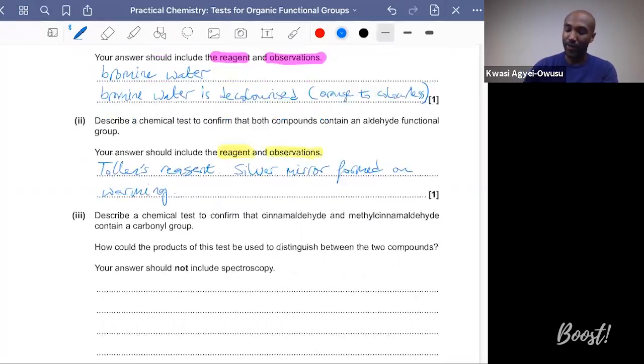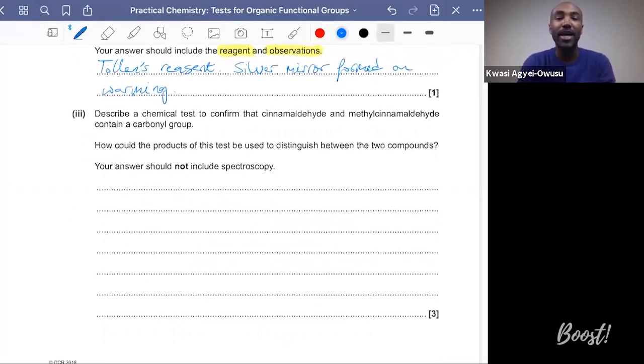Then in part three, we're asked to describe a chemical test to confirm that cinnamaldehyde and methylcinnamaldehyde contain a carbonyl group. How could the products of this test be used to distinguish between the two compounds? Your answer should not include spectroscopy. So quite a bit more involved in this question.